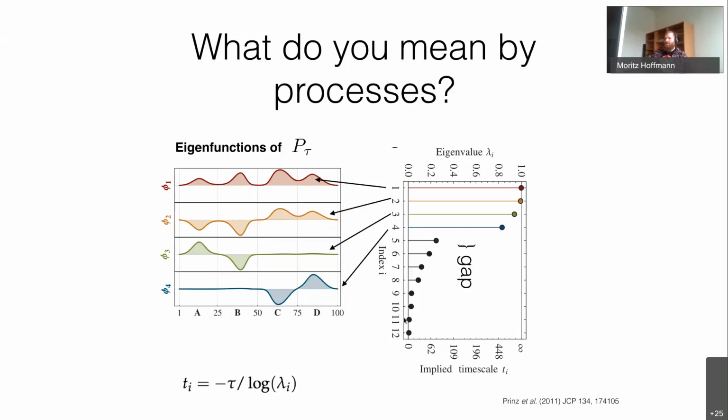Everything else is much faster and approaches 0 eventually. And this is where we would, in practice, make a cutoff, right? We say, okay, lambda 5, 6, 7, and so on don't interest us anymore, because the main dynamics is already captured by the first 4 eigenvalues, or the main kinetics, I should say.